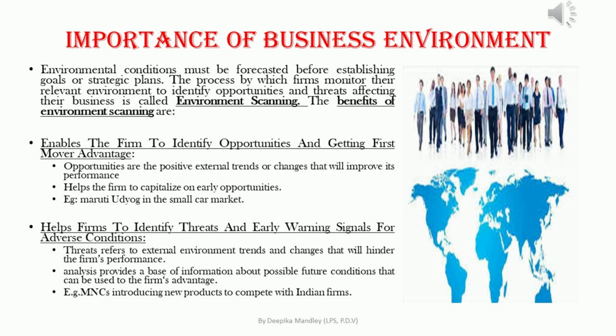So we need to analyze. It provides a base of information about possible future conditions that can be used to the firm's advantage. For example, if an Indian firm finds that an MNC is entering the Indian market with new substitutes, this should work as a warning signal for the Indian firm.